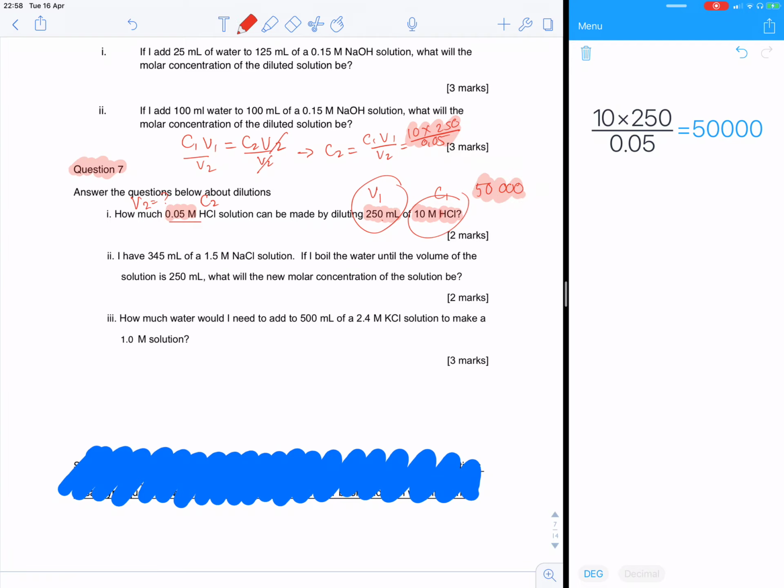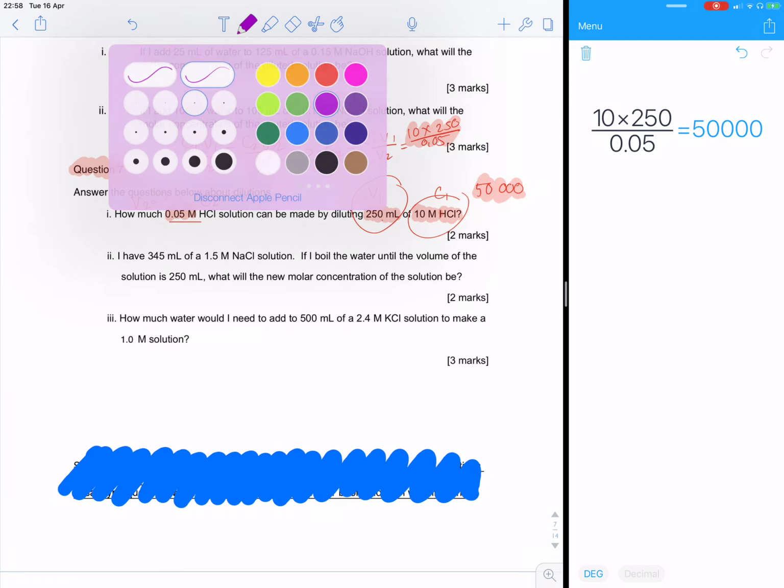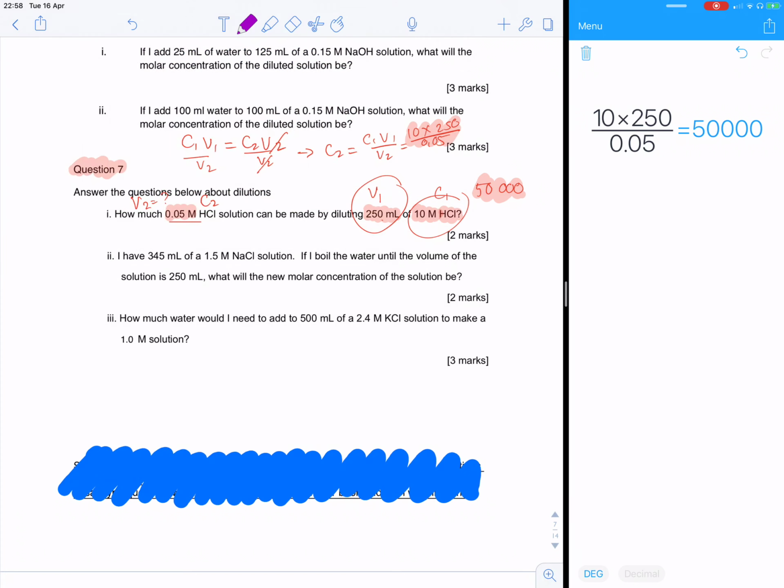Let's look at the second one. Let's change to purple. So I have 345 mL of a 1.5 molar solution.